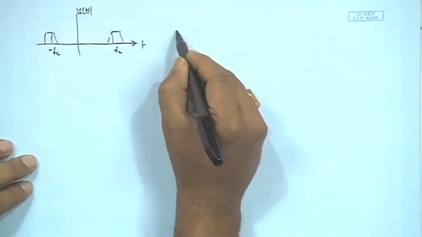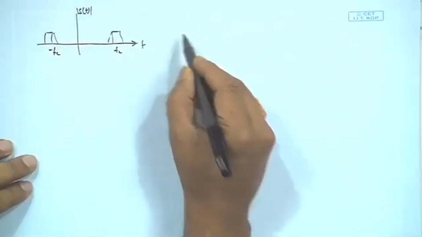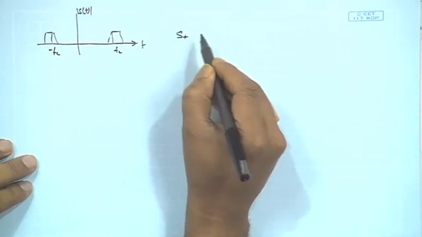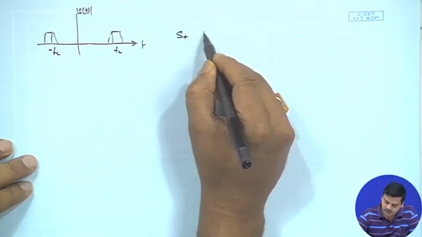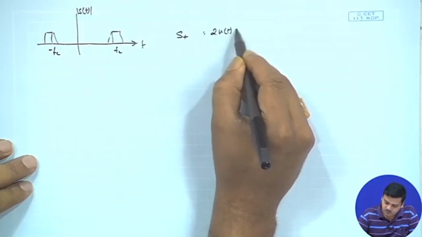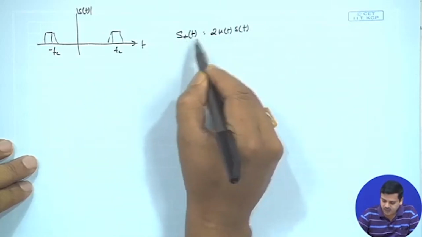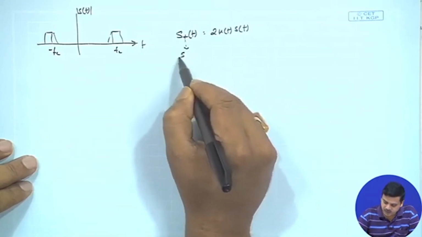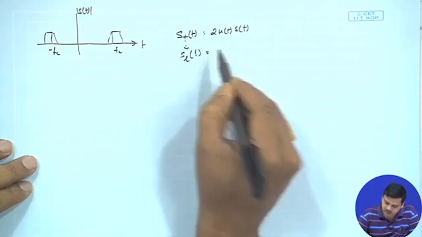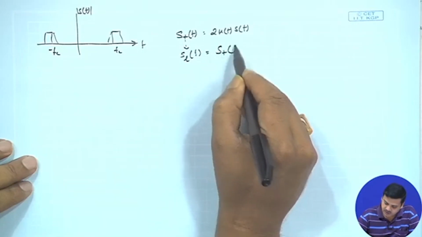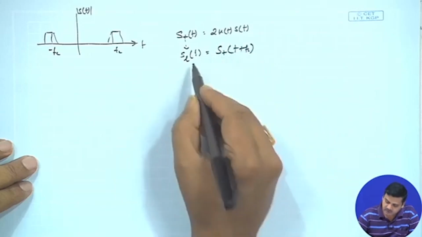Because of symmetry, we could take only the positive set of frequencies, given by 2 u of f times s of f, and then we converted this to its equivalent low pass by simply doing a frequency translation, and then we got the relationship.